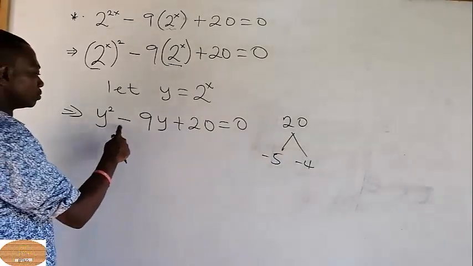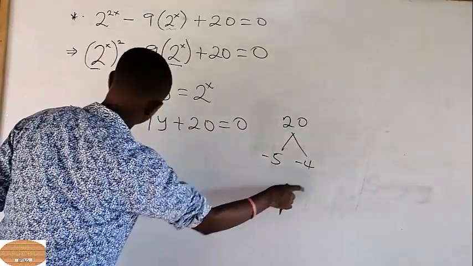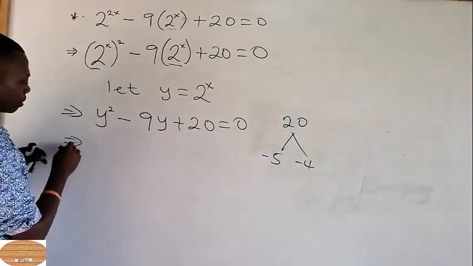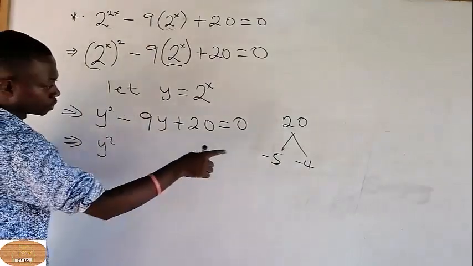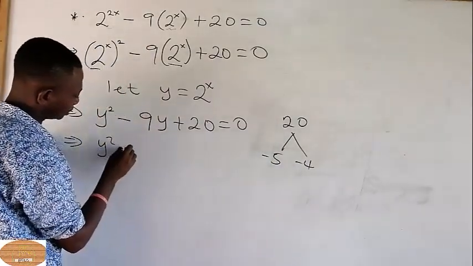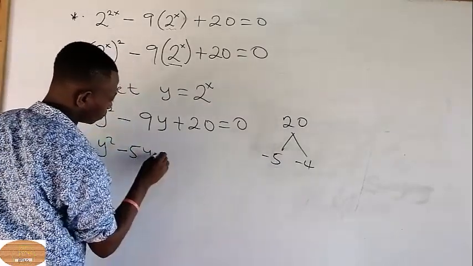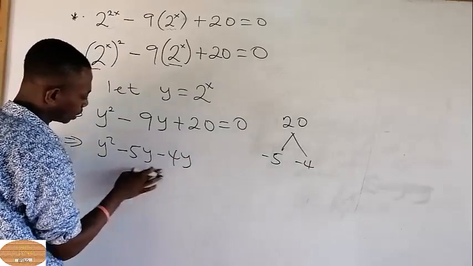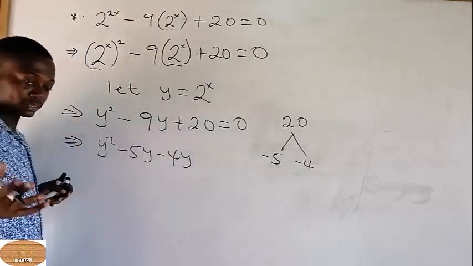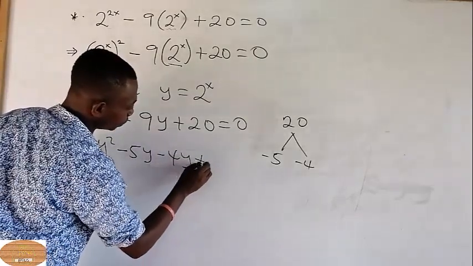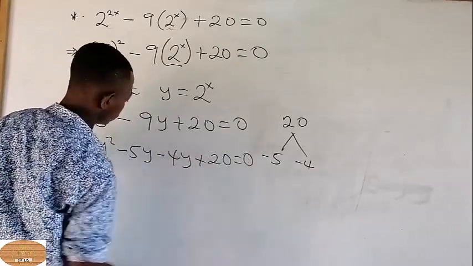So I'm going to replace this one like this. So straight away I will say y squared. So I'll take the first one minus 5y, then I'll add the minus 4y. So this one will give us minus 9y. So I've changed nothing. Plus 20 is equal to 0.